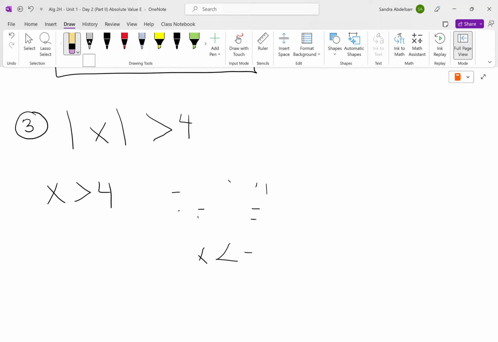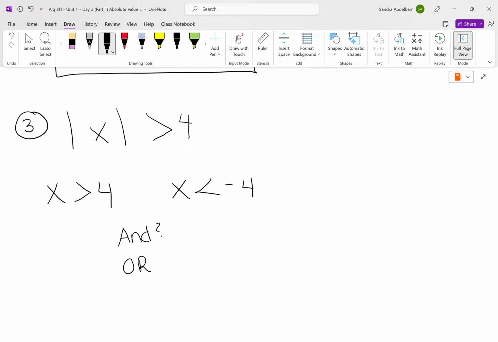Okay, going back. So here we have x is greater than 4 and x is less than -4. So is it an and? Is it an or? Well, let's think about this. X is greater than 4. Is there a number you can think of that's greater than 4 that if we plug into this, it will not work out?